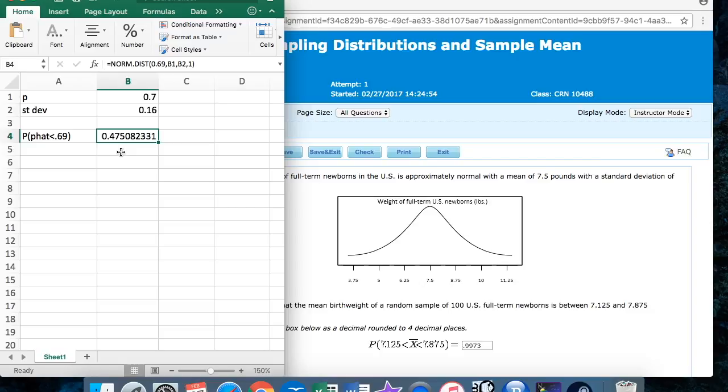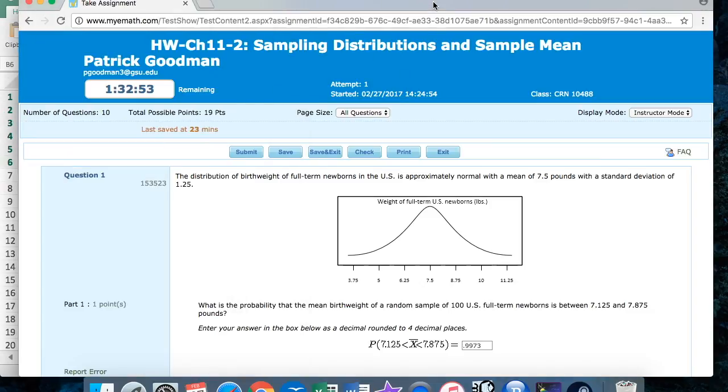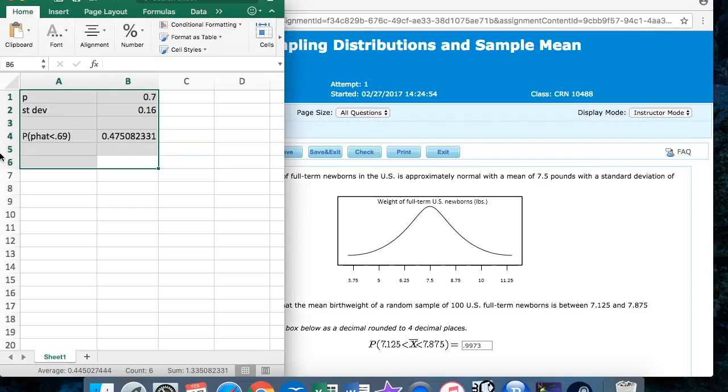But you can do it this way because that's kind of how we're going to do it with the sample means. So to be consistent, you don't have to worry about getting z-scores here unless it asks you to. You can do it either way. If you watched the first video I made this week and you're already good with it, don't worry about it.